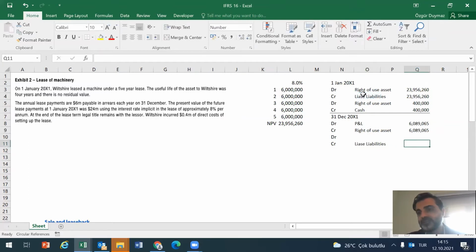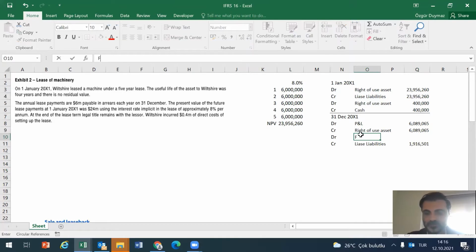We need to unwind using the interest rate, and before payment, the year-end liability balance would be almost 25.9 million.